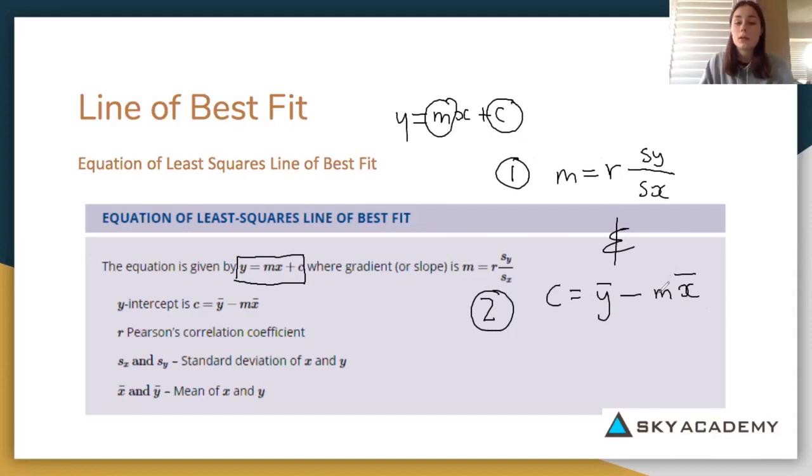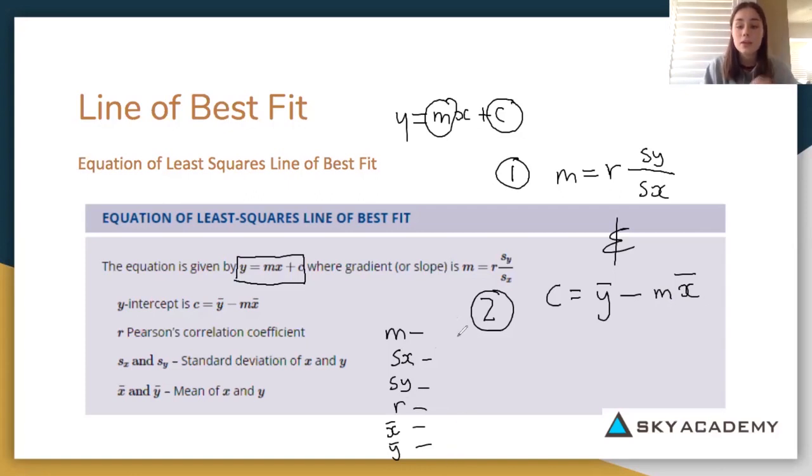So when I'm doing a question for the least squares line of best fit, on my calculator, I will put all my values in, and then I will write out each thing. So sy, r, x, y, and I also need m. And I will calculate what each of these equal.